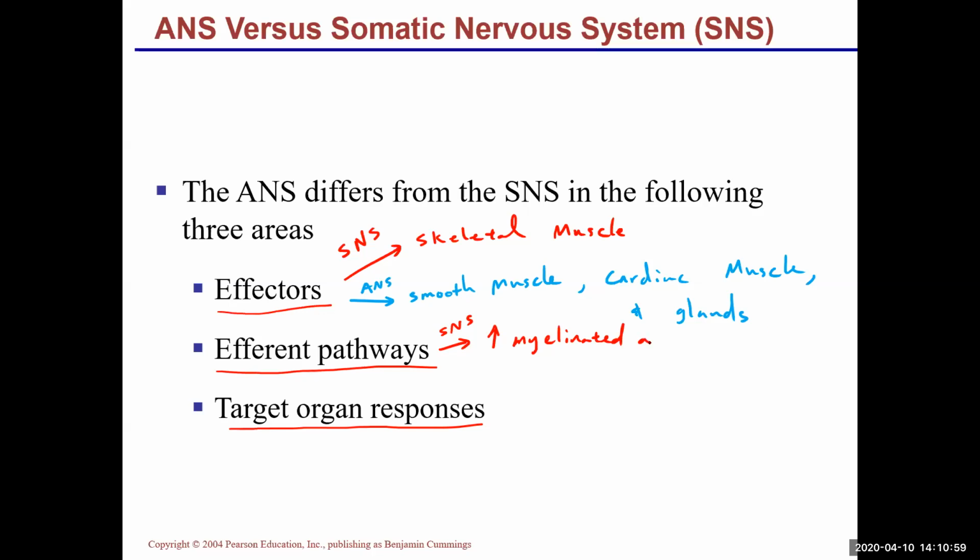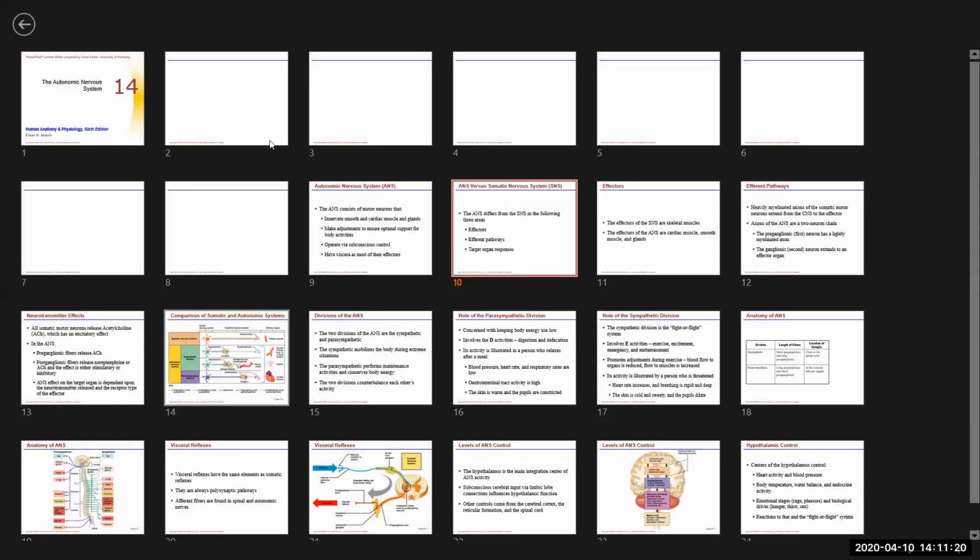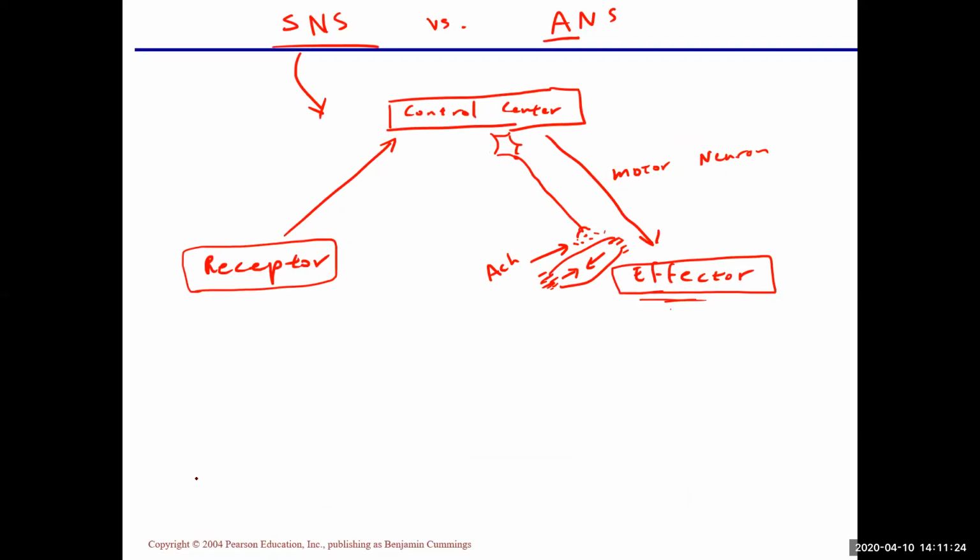If you remember the earlier lecture, I told you that with myelinated axons, you get saltatory conduction, and the conduction is going to go very fast, all right? So in the somatic nervous system, let's go to one of these blank pages so I can draw this a little bit differently for you.